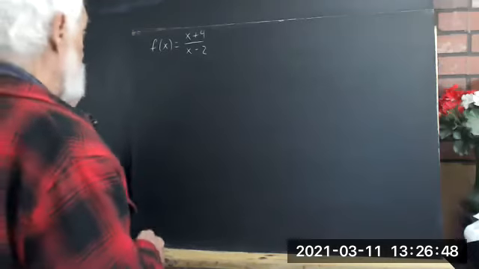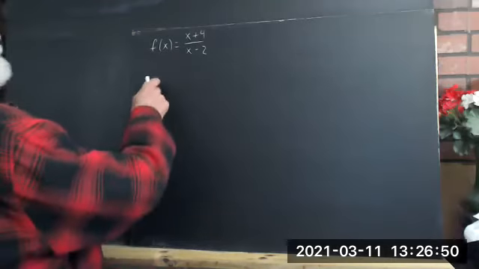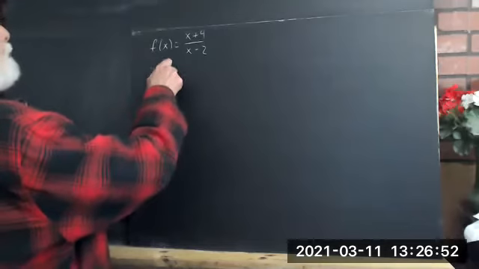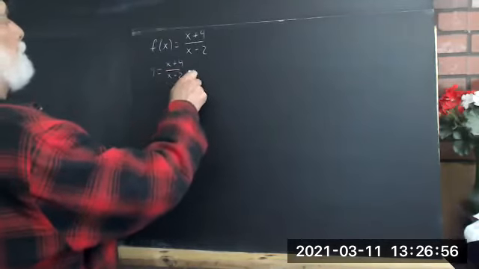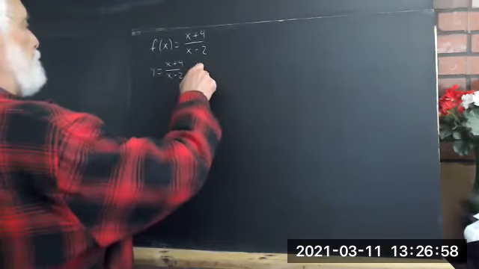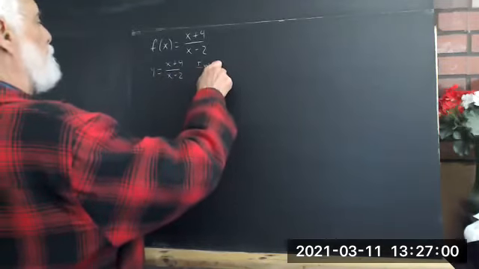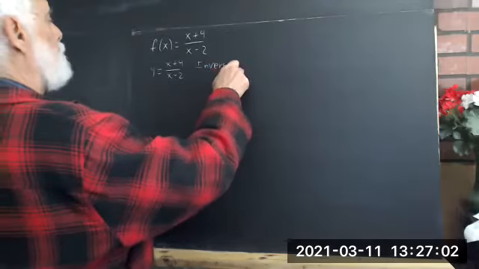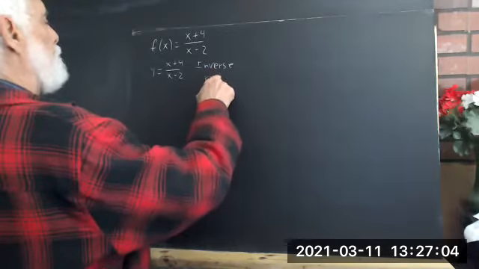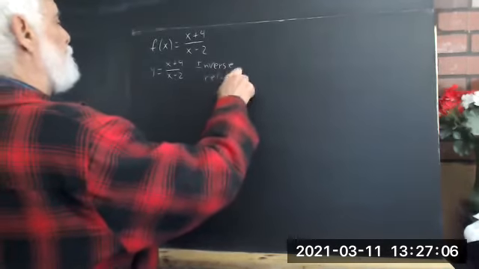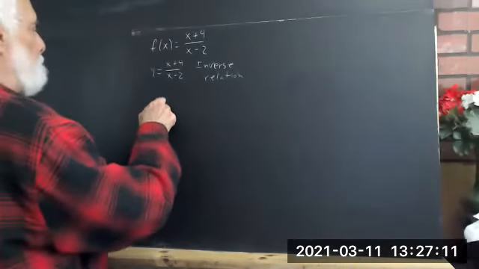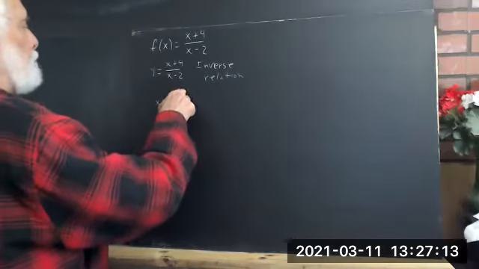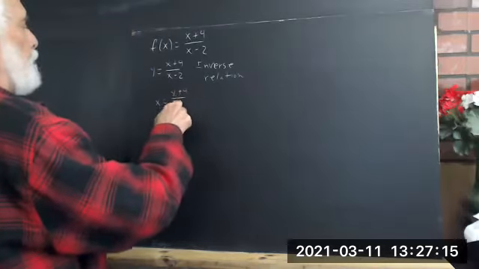Okay, so you have y equals (x plus 4) over (x minus 2). Your inverse relation would be x equals (y plus 4) over (y minus 2).